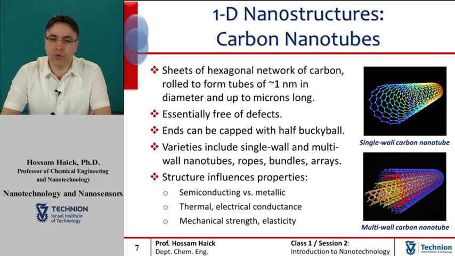Individual nanotubes naturally align themselves into ropes, held together by the so-called van der Waals forces, or more specifically, pi stacking. Usually the end of the carbon nanotube is capped with a half buckyball-like carbon structure.